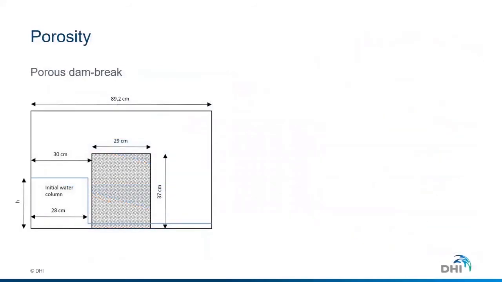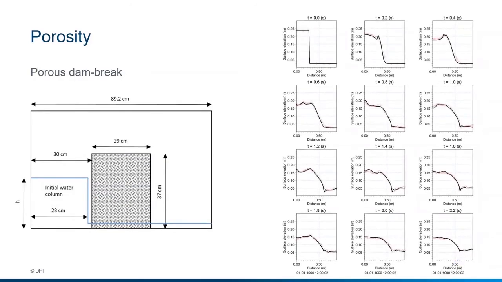Then we are looking into the porosity setting of the model. In order to investigate this, we are running the porous dam break scenario. Here we had an initial water column to the left, then a wall separating the water from the porous area, and then to the right, an empty reservoir.